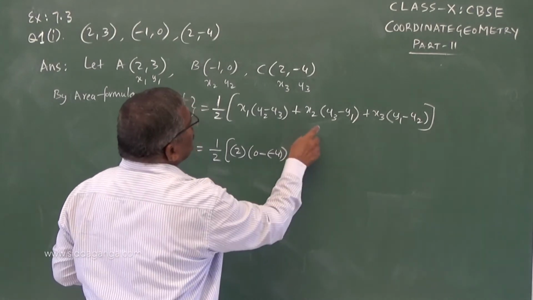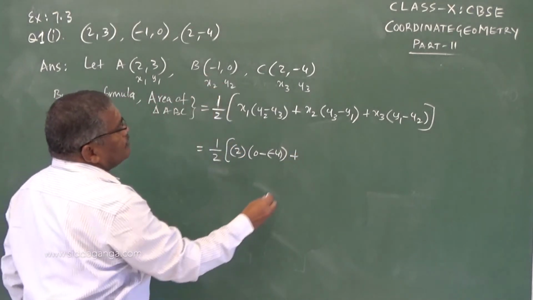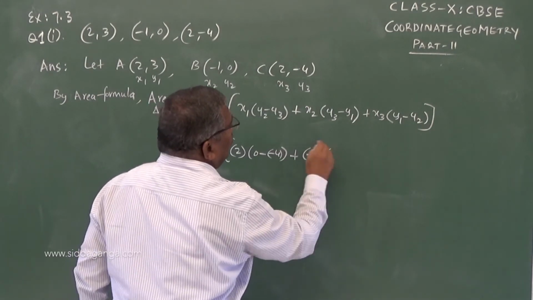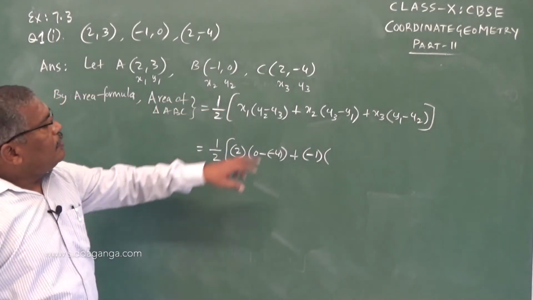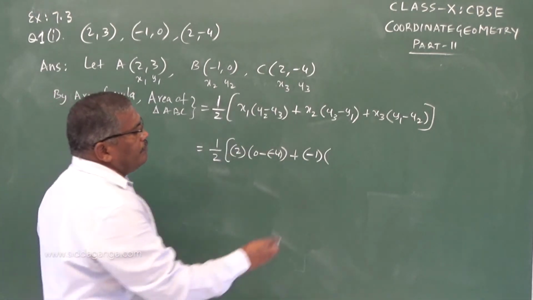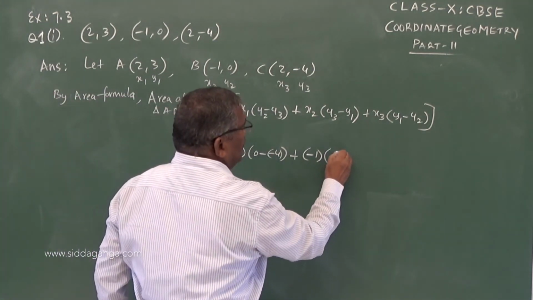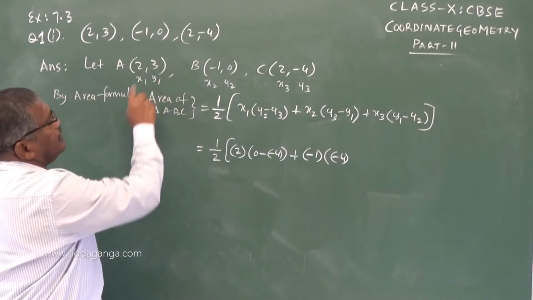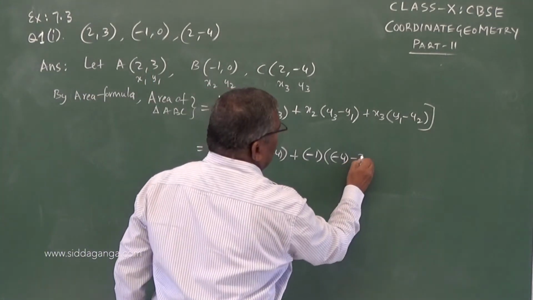Plus x2 is minus 1, and y3 minus y1: y3 is minus 4, minus y1 is 3, minus 3.